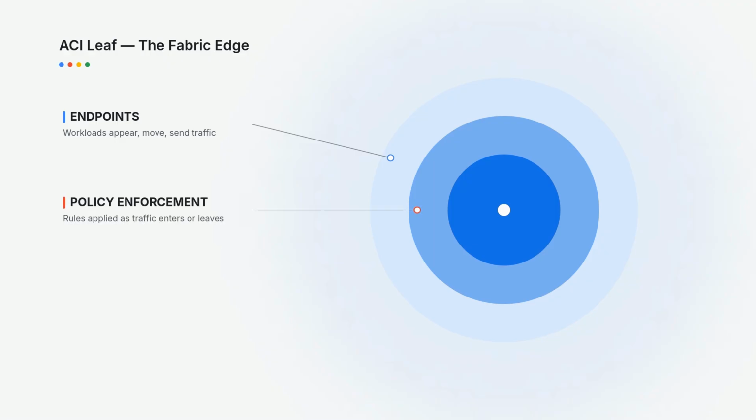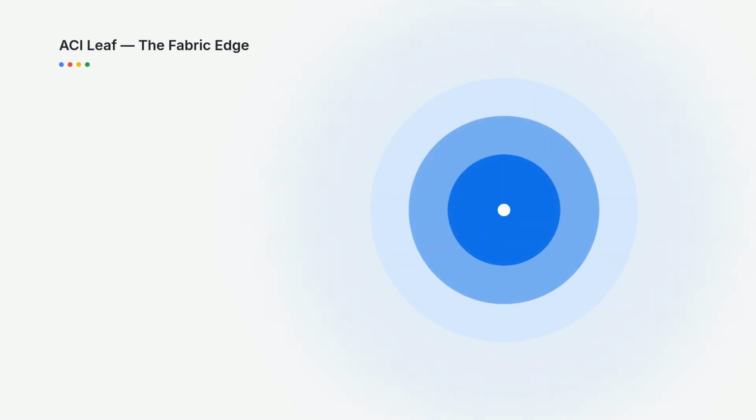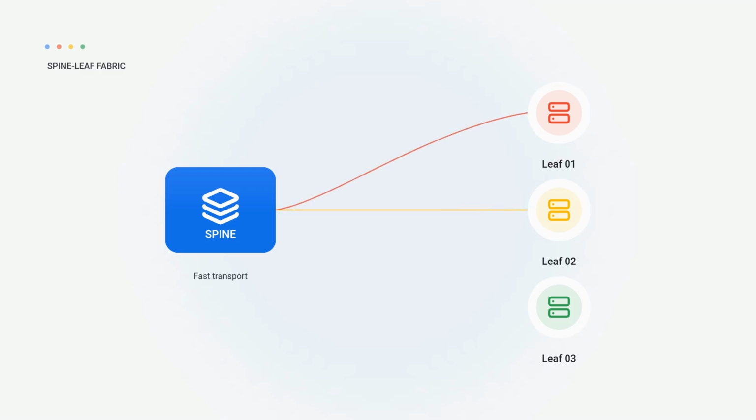It's the edge where workloads attach and where policy is enforced as traffic enters or leaves that edge. The spine does a different job. It is not an endpoint access switch and it does not host endpoint-facing policy decisions. It provides fast, consistent transport across the fabric, so any leaf can reach any other leaf predictably.